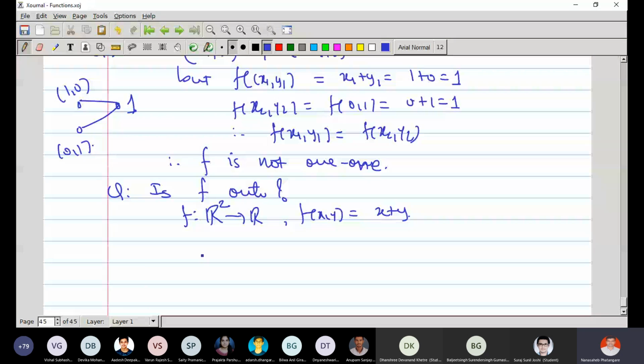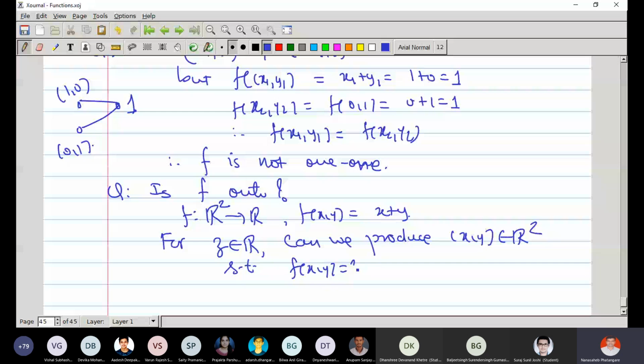For z belonging to R, can we produce xy in the domain such that f of xy is equal to z, for any z in the codomain?